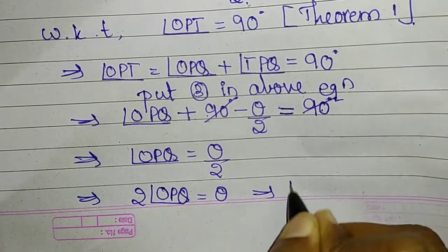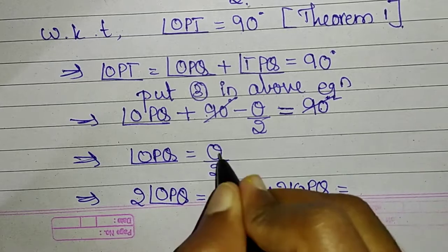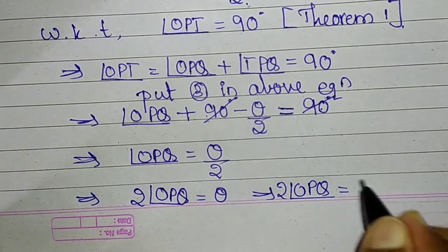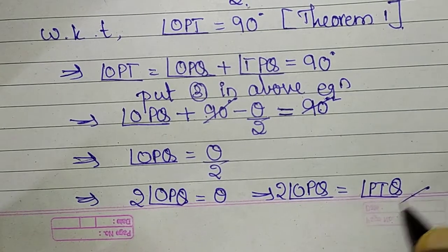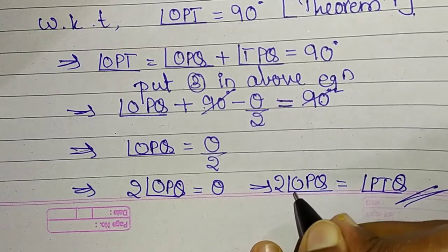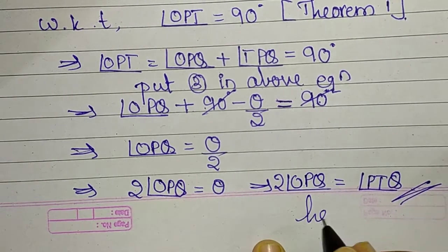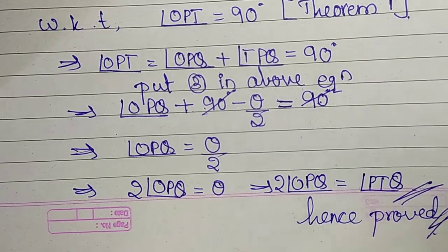We know the value of theta from relation 1, theta is equal to angle PTQ. So this is our required result. We had to prove angle PTQ is equal to 2 times angle OPQ, hence proved.